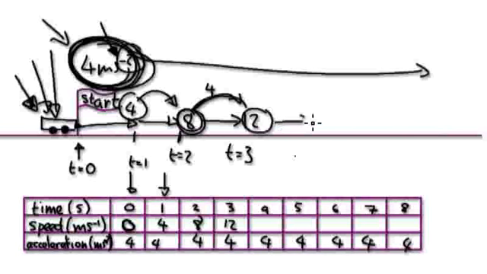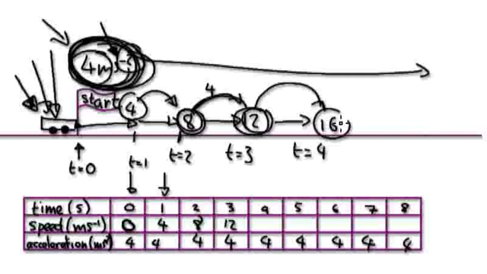Now let's look at a second after this. The speed was 12, and because there's an acceleration of 4, there's going to be another increase of 4, so the speed here will be 16. And a second after that, t equals 5, the speed was 16.